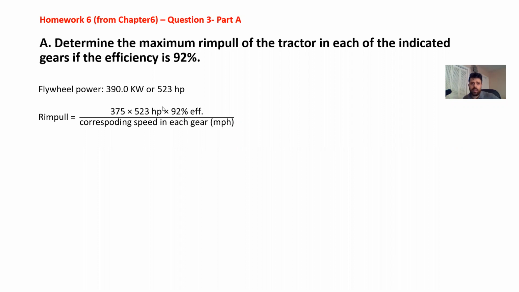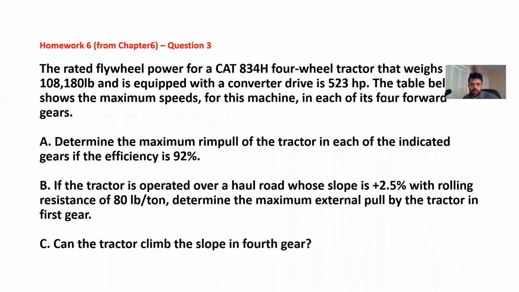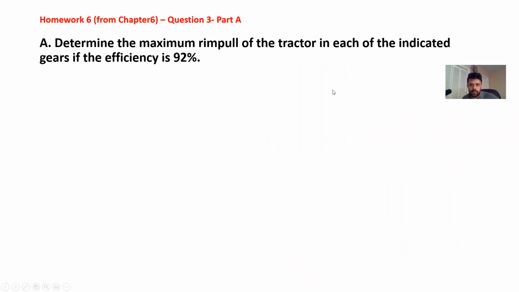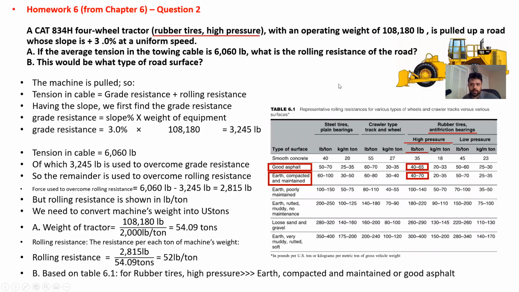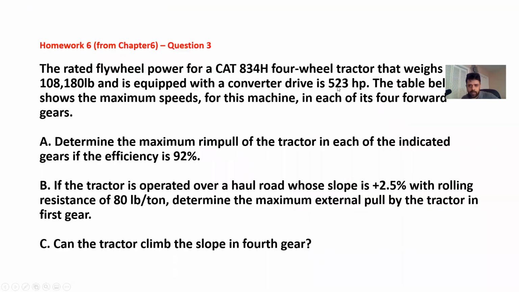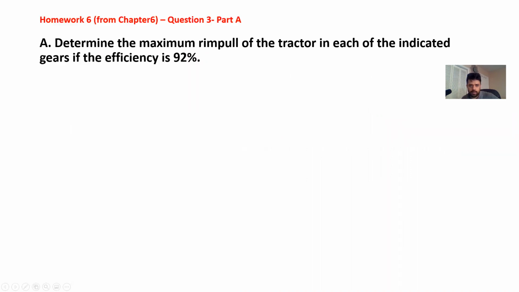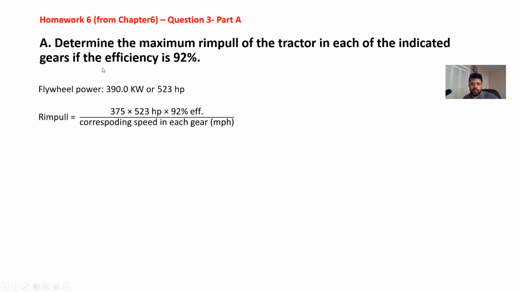And I was worried about the horsepower, because the problem, let me see. Oh yeah, it's given actually. The problem gave the horsepower as 523. Sorry, my PowerPoint is being slow. All right, 523 was the horsepower and it was given.